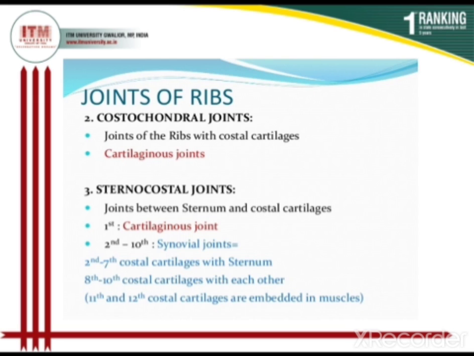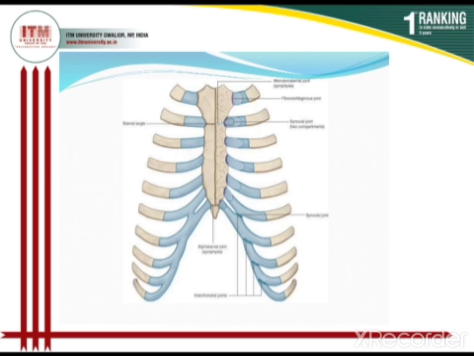Next are the costochondral joints, the joints of the ribs with the costal cartilages, which are cartilaginous joints, and the sternocostal joints between the sternum and the costal cartilages. The first is a cartilaginous joint, the second to seventh costal cartilages have synovial joints with the sternum, the 8th to 10th costal cartilages join each other, and the 11th and 12th costal cartilages are embedded in the muscles.